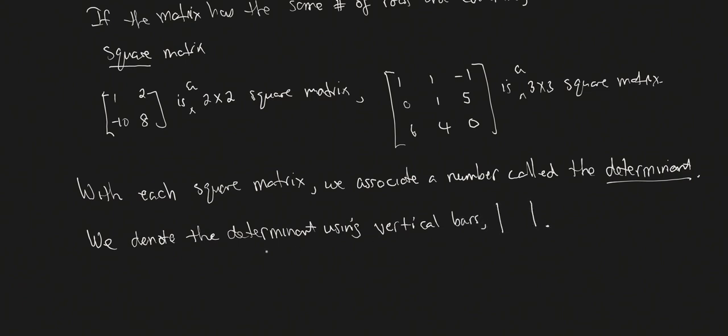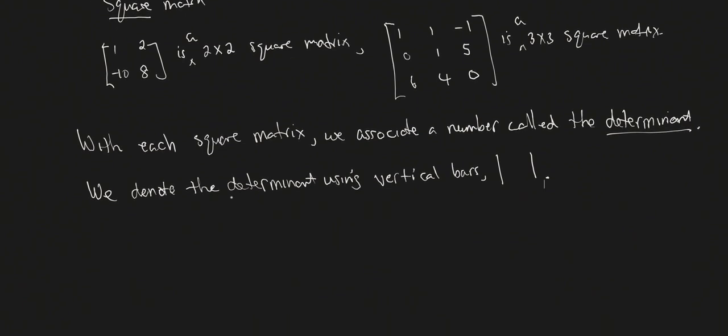We're only going to do this for 2 by 2 and for 3 by 3 matrices. We're not going to do this in general, and we're not going to get into the theory of determinants. It's just a matter of how to do this. So we're going to define the determinant of a 2 by 2 matrix, and then define the determinant of a 3 by 3 matrix. And for the 3 by 3, it's more of a process than a formal definition.